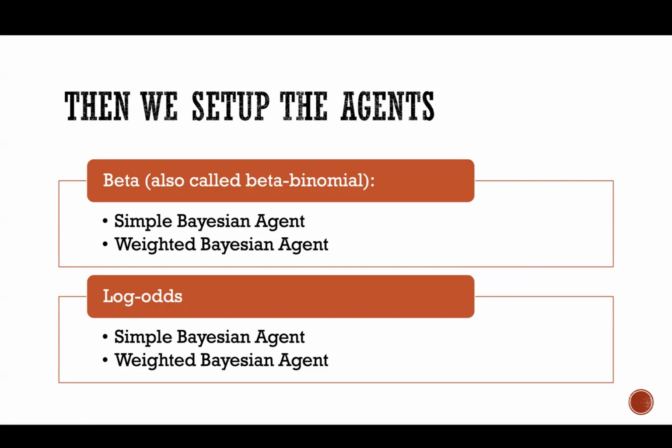We also have the log odds, where, again, we have a simple Bayesian agent that simply sums up the 2 evidence sources in log odd space. And we have a weighted Bayesian agent that, again, balances the weights in the log odd space.